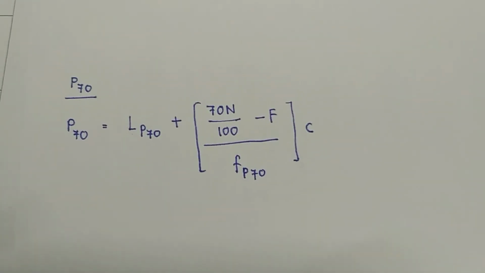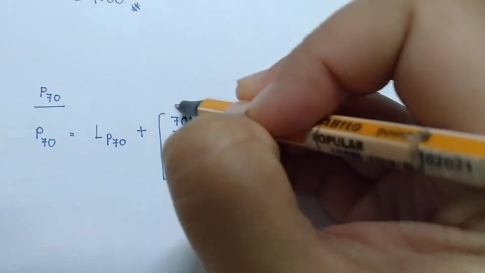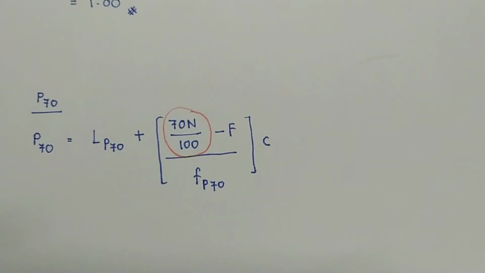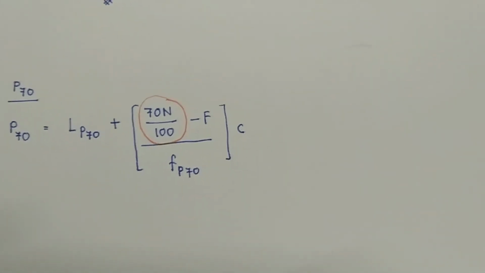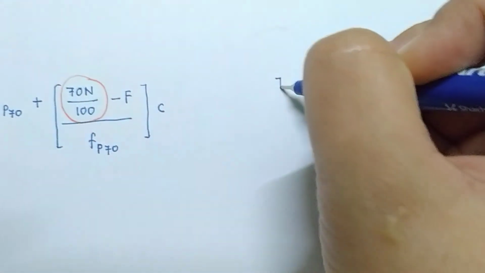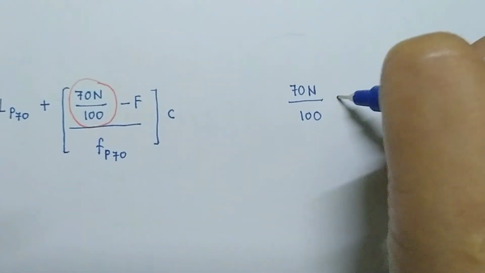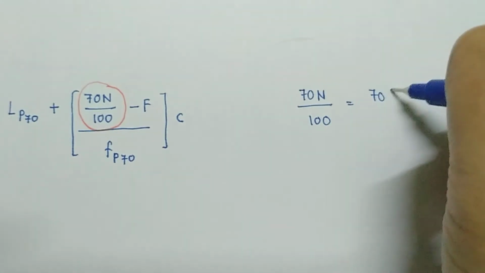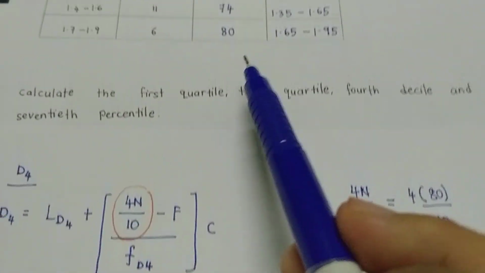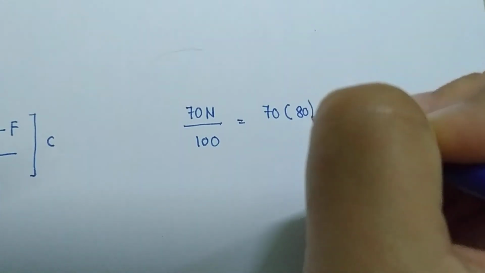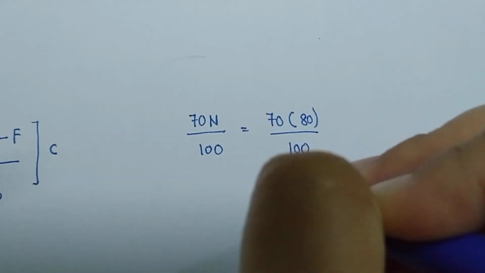Okay, so again we must find 70 times n over 100 first. So 70 times n over 100 is equal to 70 times our n, the total frequency, which is 80, divided by 100.